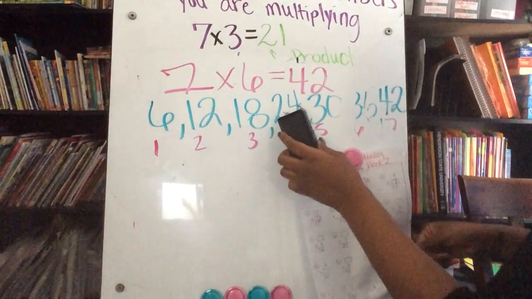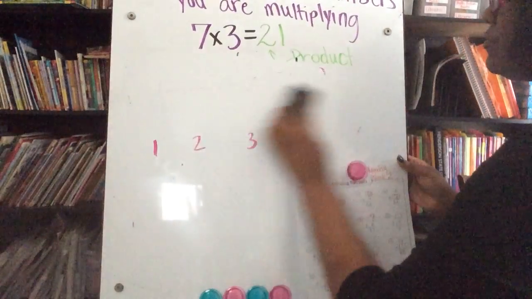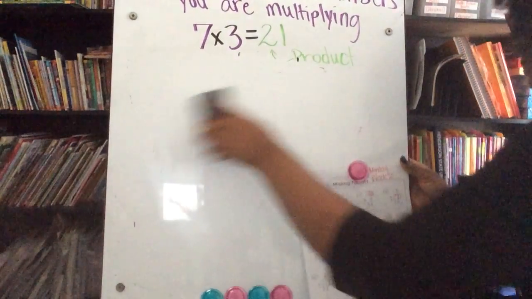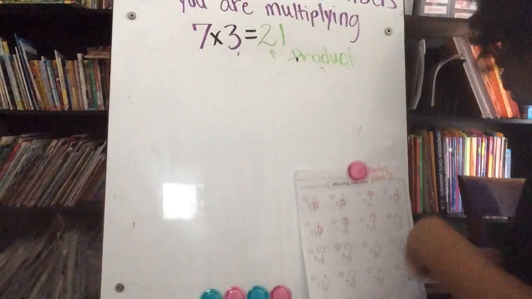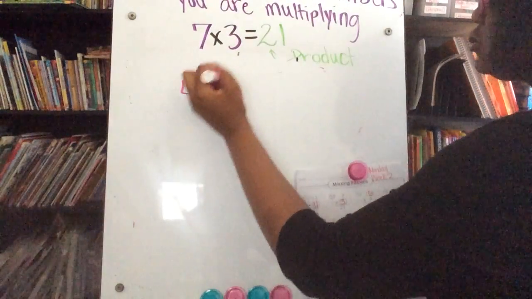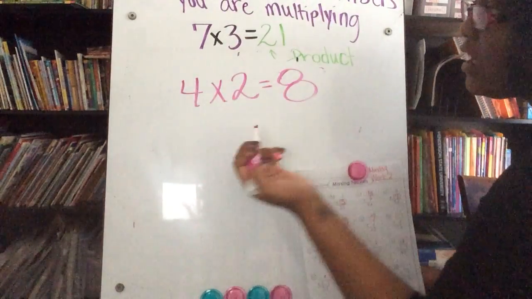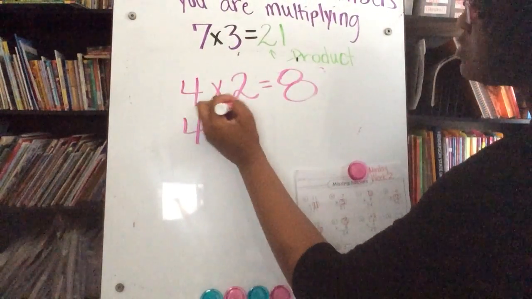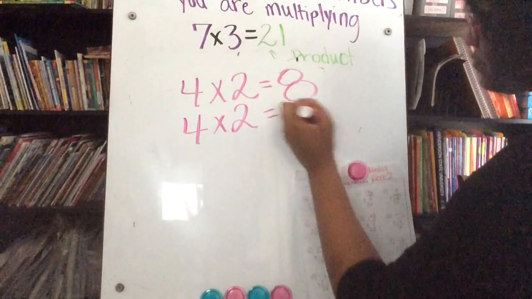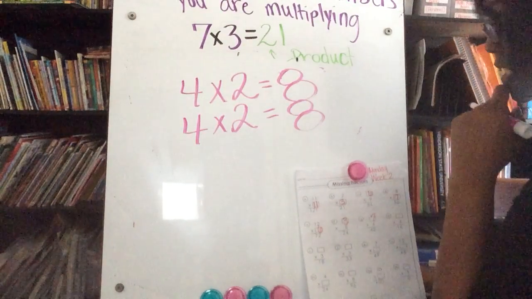On this next one, it says 4 multiplied by something equals 16. On this one, if you know 4 times 2 equals 8, another 4 times 2 is also 8. 8 plus 8 is 16.